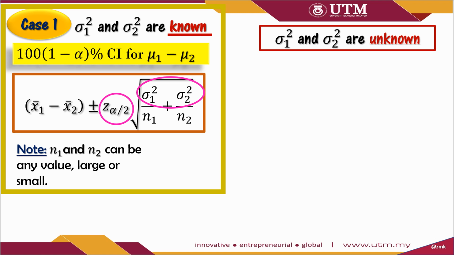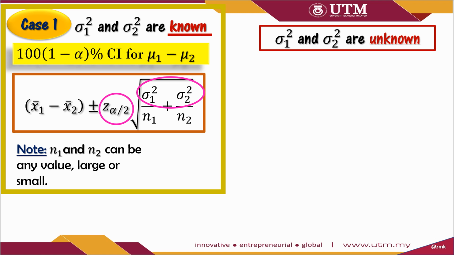If this happens, then we have the rest of 4 cases to deal with. What are the 4 cases? The 4 cases actually fall under 2 main categories. 2 cases are under category 2 and the other 2 cases are under category 3. That's why I said case 1 would be category 1.